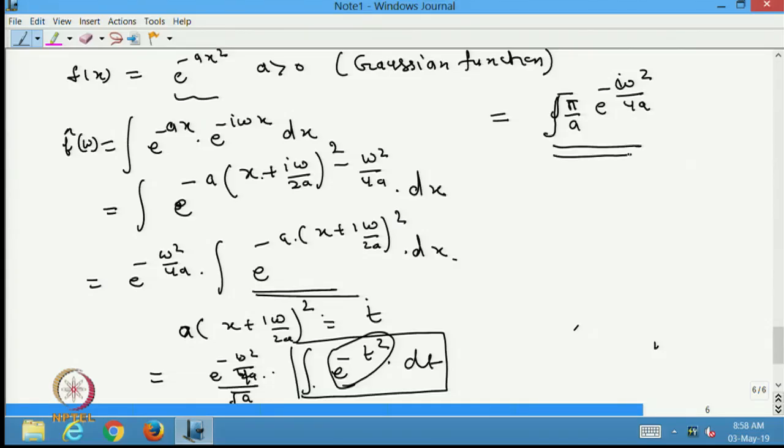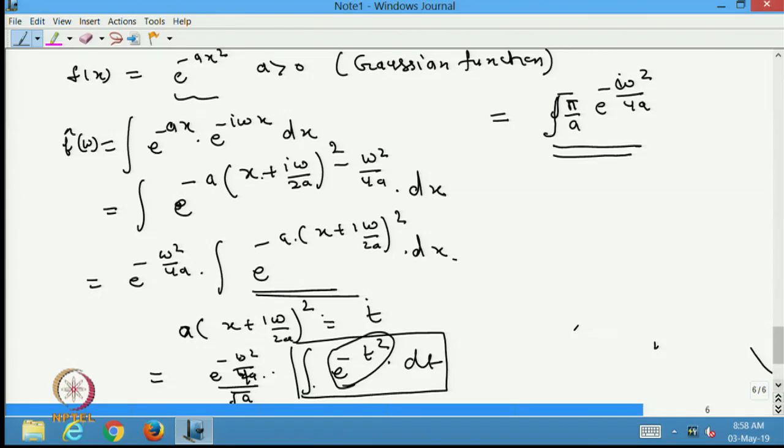So, what do you observe specifically about the Fourier transform of a Gaussian? Can you think for a while? The main point is that the Fourier transform of a Gaussian function is also in the form of a Gaussian.